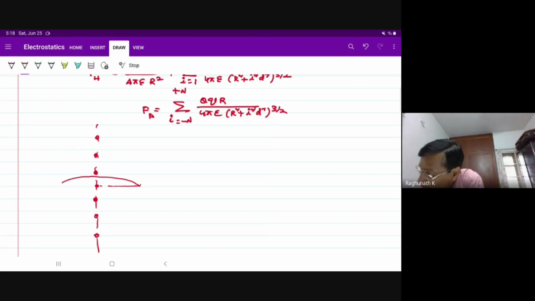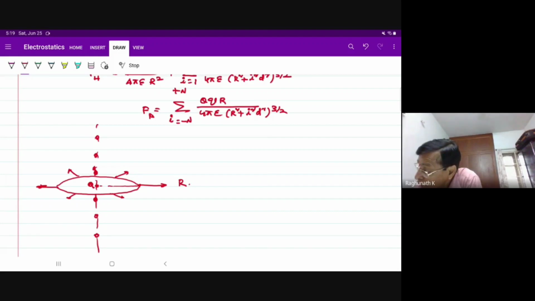If I consider a circle of radius r on a horizontal plane having the central charge q at its center, everywhere it experiences the same amount of force horizontally only, which is along the radius to the circle. Do you agree?